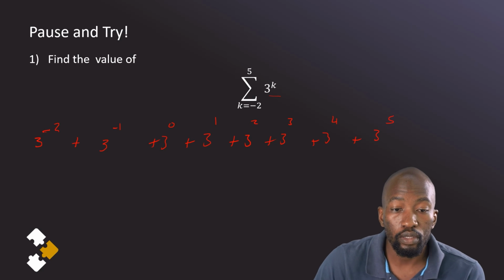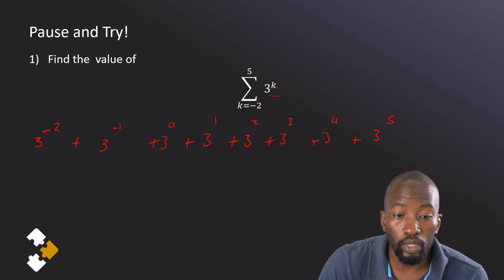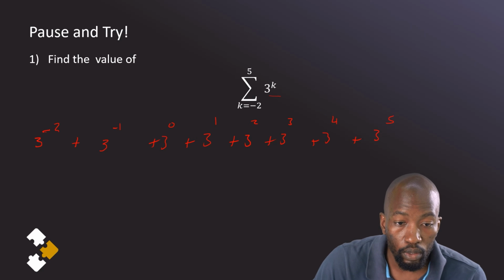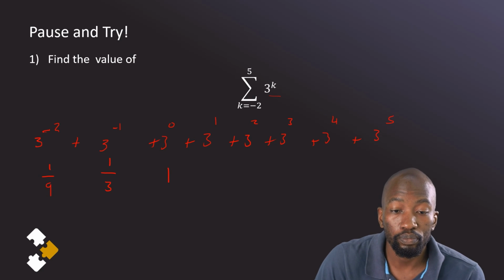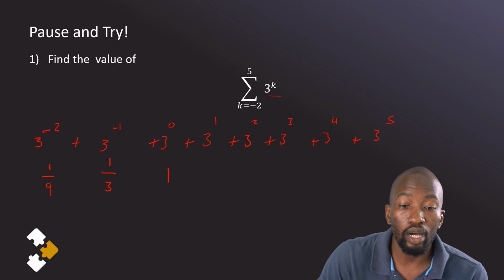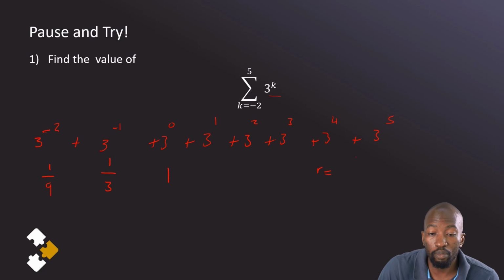Now we have all the terms there. Let's quickly check. This will give us 1/9, this will give us 1/3, and this will just give us 1. Now we need to check what r is, and r is given by T2 divided by T1. Let's quickly check that.